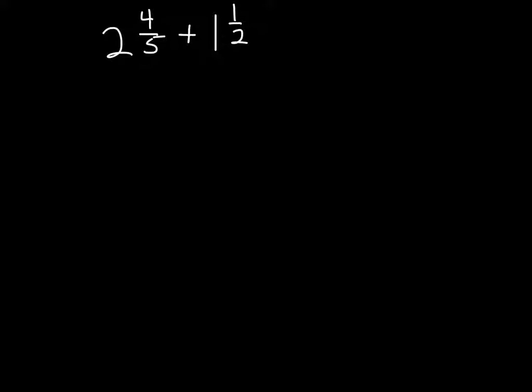So my answer is going to be larger than 4. I'm going to go ahead and decompose my numbers and add the wholes together first, 2 plus 1, and then I'll add my fractions, 4/5 plus 1/2.